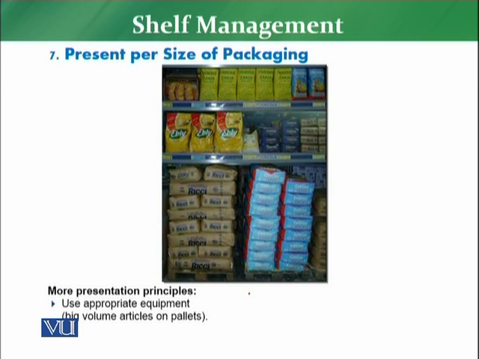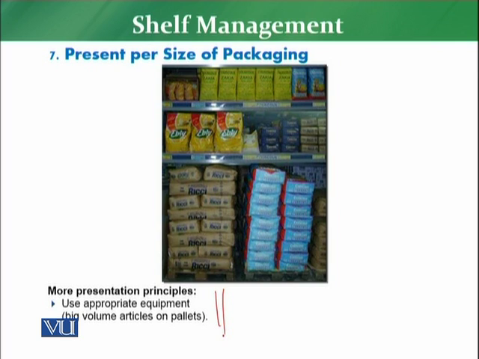The principle to follow is that articles which are bulk articles, big volume articles, big size articles or big packaging articles should be presented on proper pallets. If they can be easily accommodated on the shelf, perfectly fine. If they are not easily accommodated on the shelf, then they should be placed on the proper palletized area.